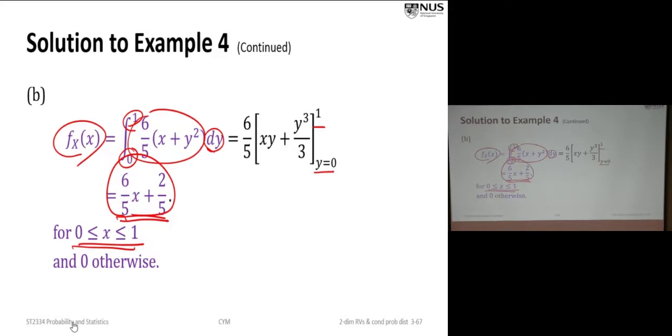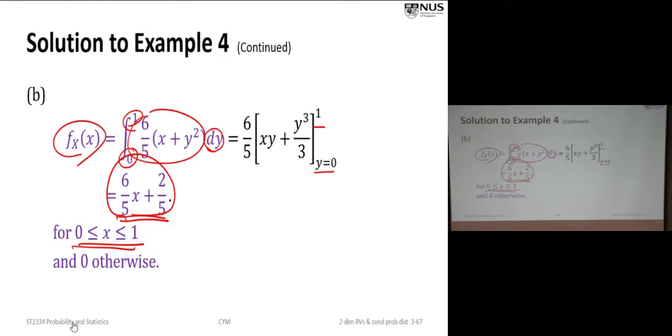Just a word of caution. Whenever you write down your marginal distribution or your probability function or probability density function, especially a probability density function, the joint probability density function or the marginal probability density function or the conditional probability density function, you must write down the region for which the function is equal to that formula.